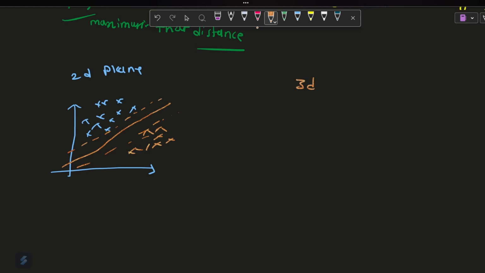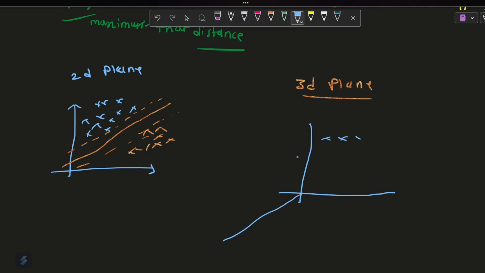Similarly, when you draw a 3D plane, it looks like this.